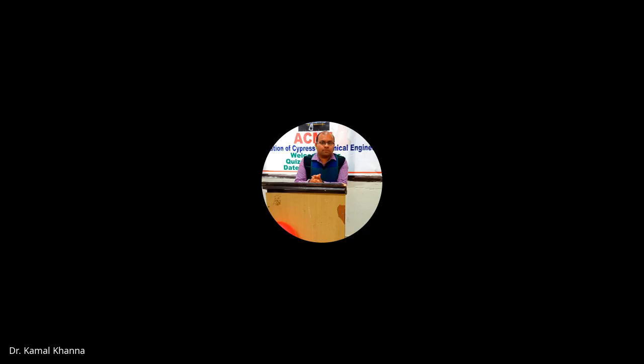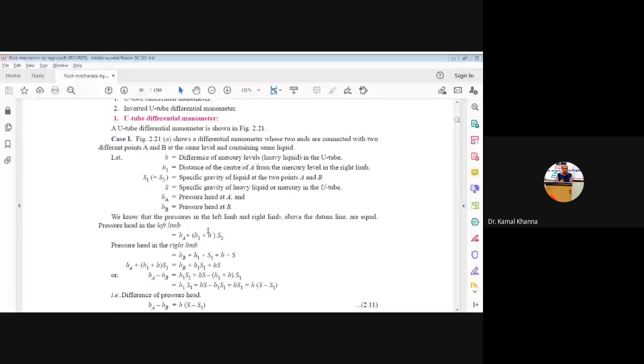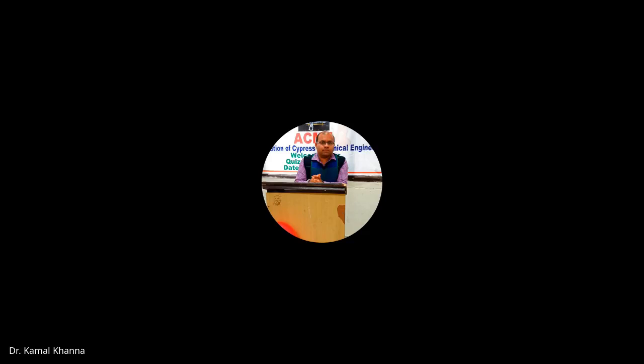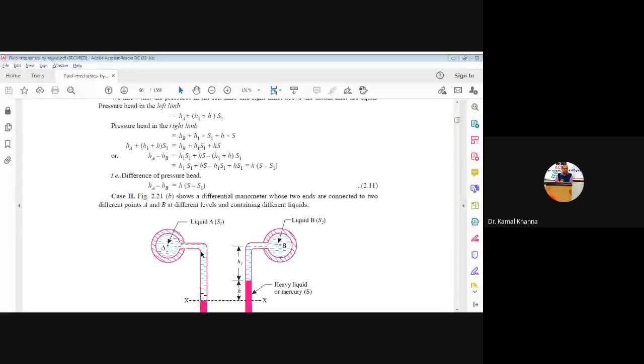So when the same liquid is being used, the pressure head will be same. So the pressure head in the left limb we will have HA plus h1 plus h into S1. So what is HA? HA is the pressure at point A plus, I have already told you this is the same liquid. So this is the specific gravity of the first liquid, S1.